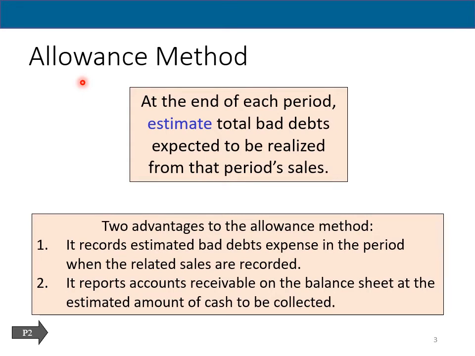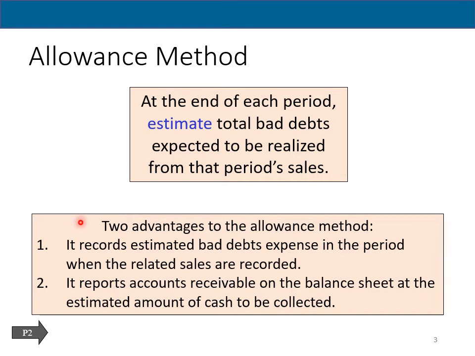This means that the accounting department or the accountant guesses or estimates, it's an educated guess, what percentage of receivables will not be collected. And you record that estimate. So you take an educated guess, usually based on past performance or industry trends, and you record that.